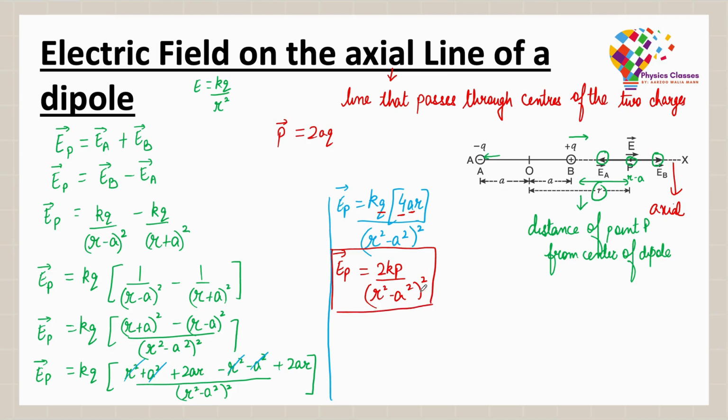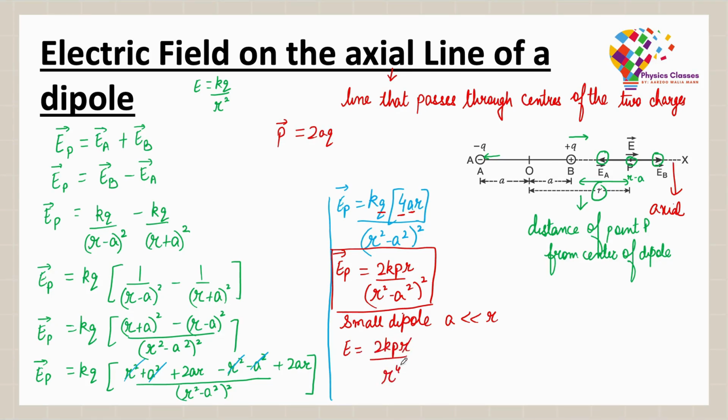From here, if it is a small dipole, by small dipole I mean that the distance A is much less than R. If I apply this condition over here, then I can ignore this A square in the denominator, and my electric field would simply become 2KPR upon R to the power 4.